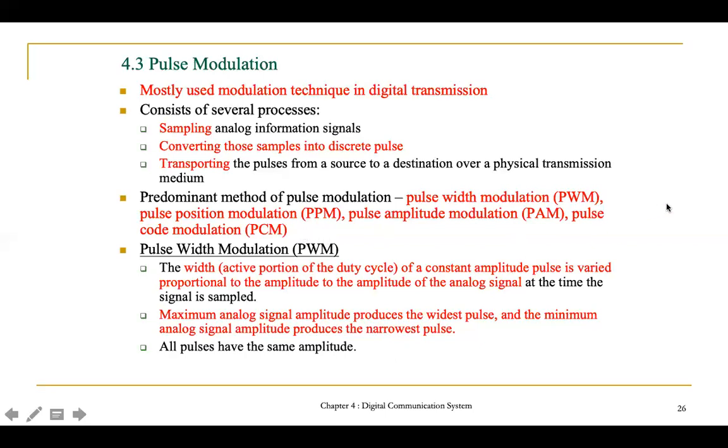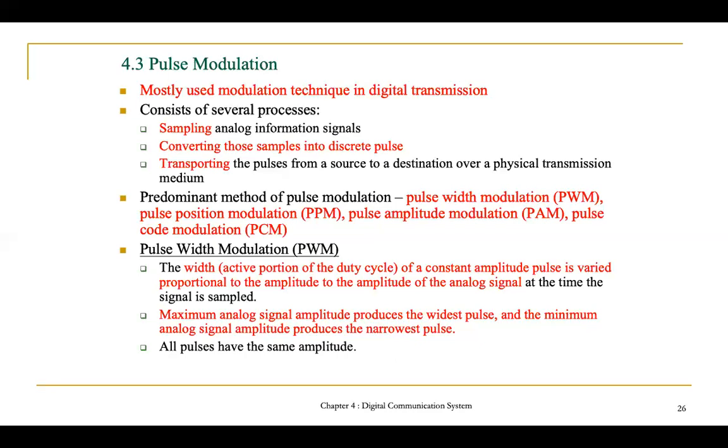The first pulse modulation method is pulse width modulation, PWM. Why is it called pulse width modulation? It is because the width of a constant amplitude pulse is proportional to the amplitude of the analog signal. Meaning when the amplitude of the analog signal varies, the parameter that is varied is the width.